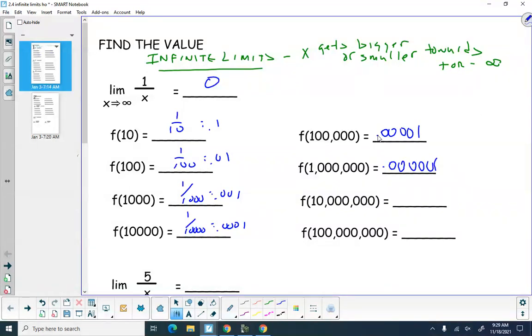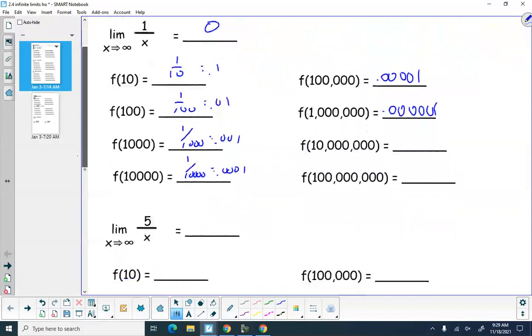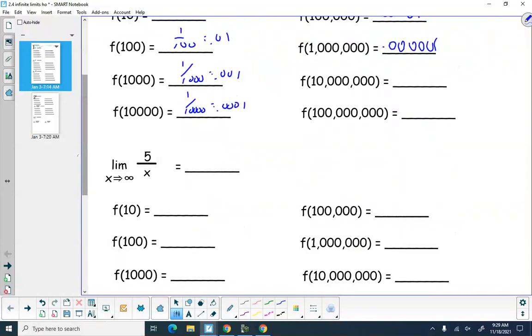Well, what if we had 5 over x? I want to see what happens when I have 5 over x. Well, I can put in my Y1 equals 5 over x. I can divide by 10, divide by 100, divide by 1,000, divide by 10,000, and find my y values.